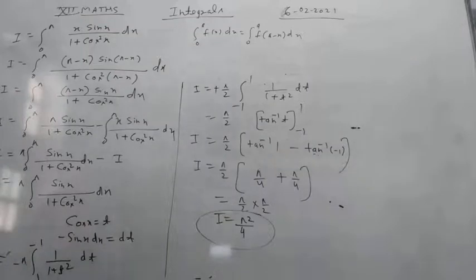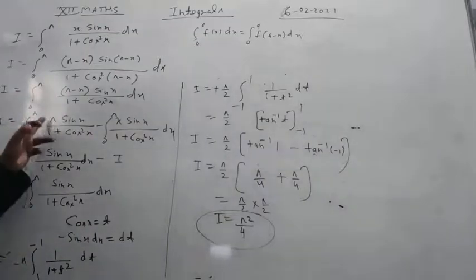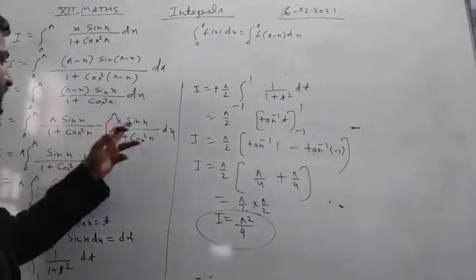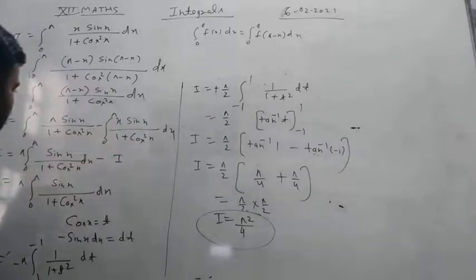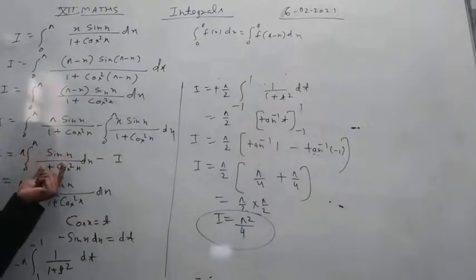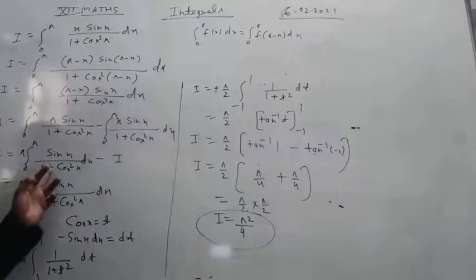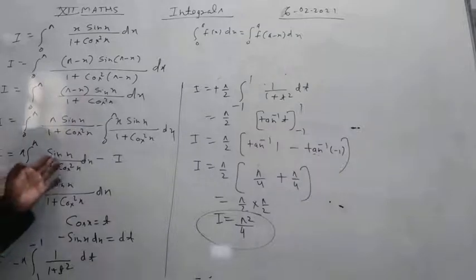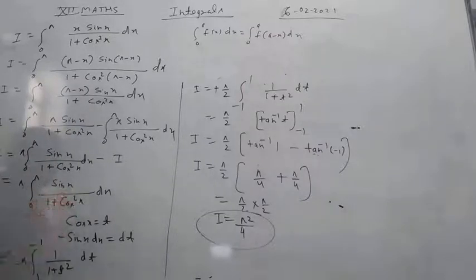Now students, we will see that our I is integral 0 to pi of pi sin x by 1 plus cos square x minus integral 0 to pi of x sin x by 1 plus cos square x dx, and this is I equals pi times integral 0 to pi of sin x by 1 plus cos square x dx minus I, and students, this is 2I, which is equal to pi integral 0 to pi of sin x by 1 plus cos square x. When we take cos x as t, minus sin x dx is dt.